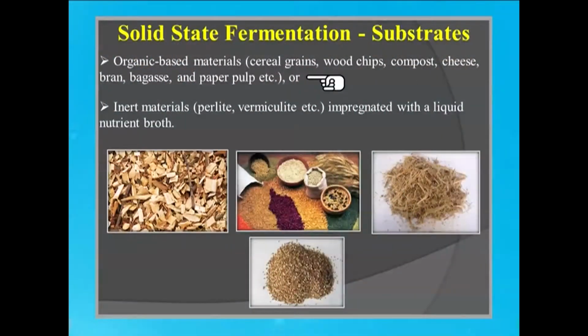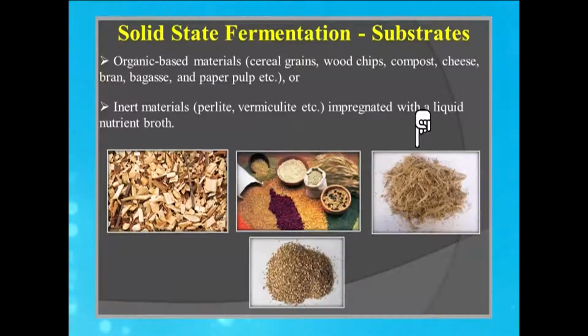Most often we would like to use certain material which are nutrients providing as well, like cereal grains, or it can be simply wood chips here, or can be bagasse, that is the leftover material after the sugarcane juice has been extracted from sugar. It can also be paper pulp and many others, and these are nutrients in the sense that the material is coarse, it will provide the packaging properly, but also additionally has either some carbohydrate source or some protein source along with it.